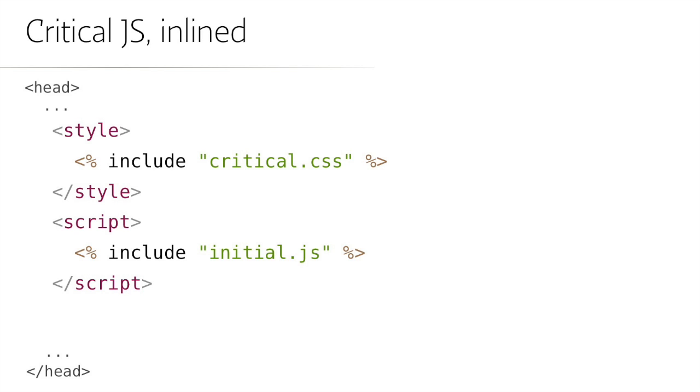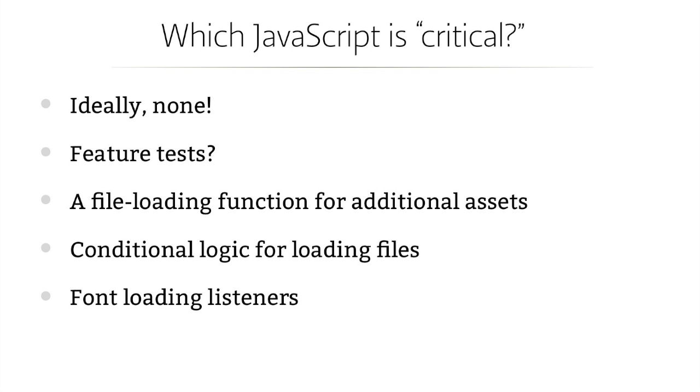So that brings the question, what is critical JavaScript, right? No JavaScript should be critical, ideally. But when you're building with progressive enhancement, often it's really handy to have a little script to help you out when you're progressively enhancing the page. So some of the things that go into that initial JS file may be some feature tests, sort of like Modernizr has, something to load additional assets, like additional style sheets, JavaScript files, some logic to decide whether or not to load those files at all.